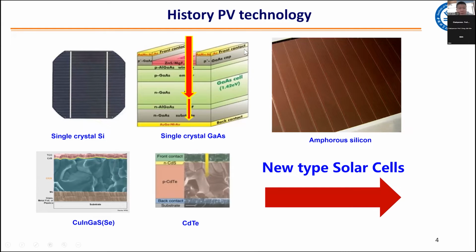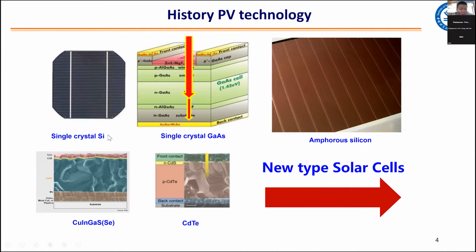For photovoltaic solar cell technology, this is a brief history. The first generation we call single crystal silicon and single crystal gallium arsenide.